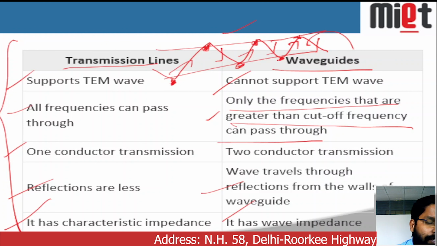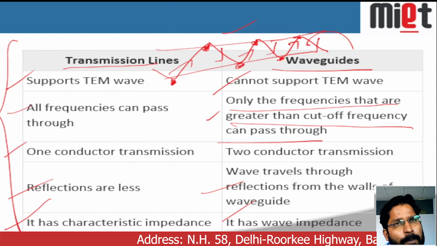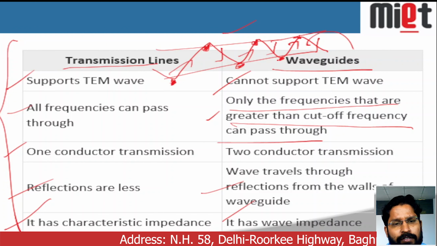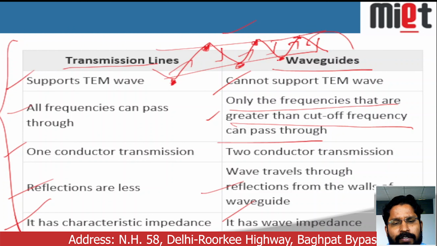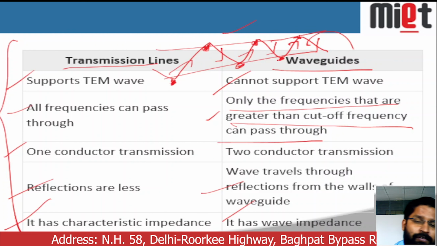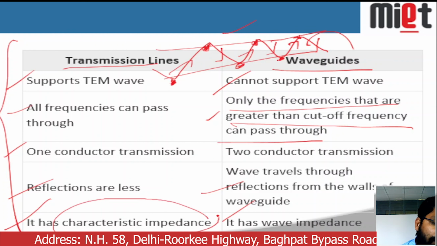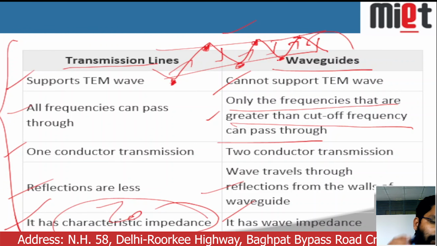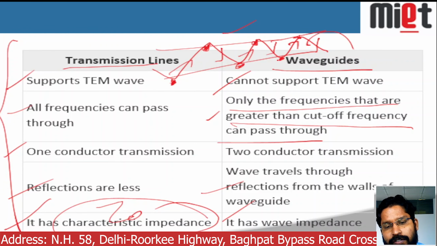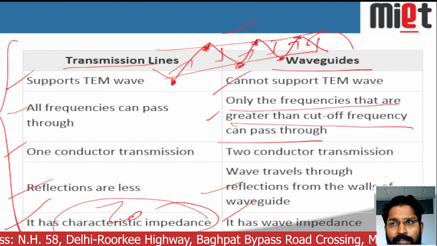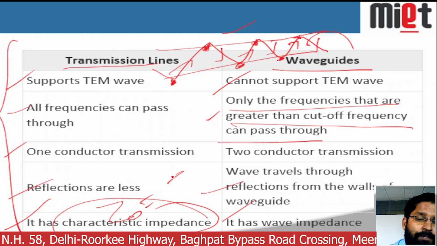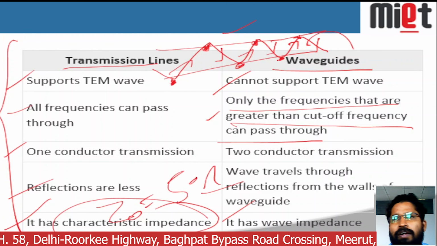The transmission line has characteristic impedance. Generally, as we know, a coaxial cable has characteristic impedance, generally represented by Z0. For the coaxial cable, we generally use a 50 ohm coaxial cable.